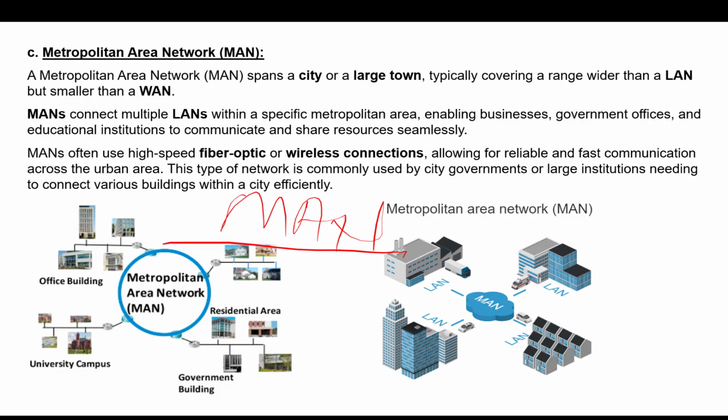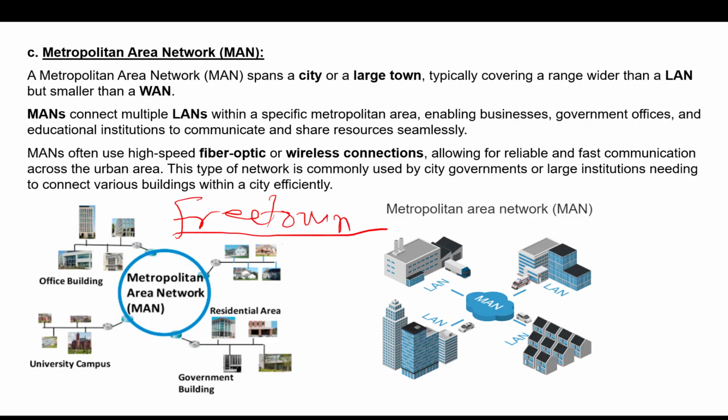So what they are trying to say is like this: if you have this community and you want to connect things, because it's a pattern. Now let us say with Freetown, right? You have offices. Let me use this first example here. Let us say this is the metropolitan area of the government of Freetown.